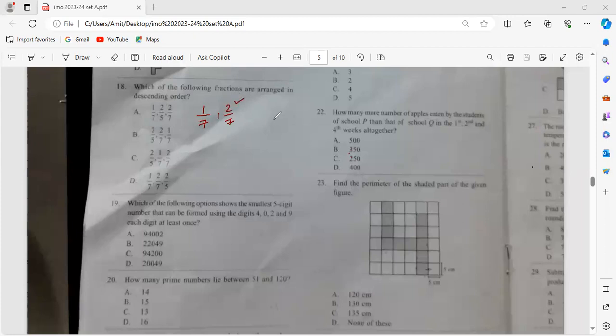Now you need to see 2 over 7 and 2 over 5. So if you see this is 10 and 14, so this is a bigger fraction. So the order will be 2 over 5, 2 over 7 and 1 over 7, which will be option B.